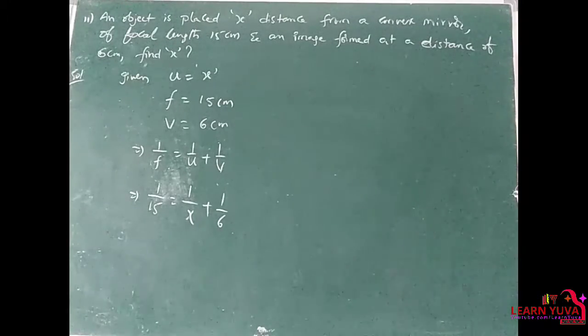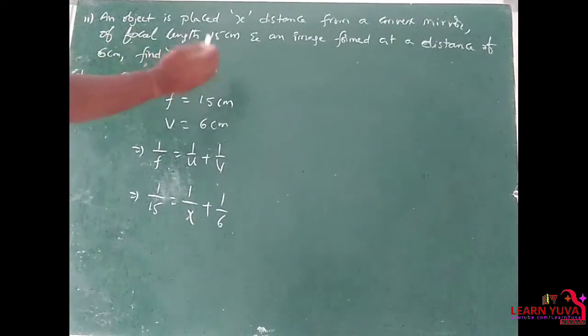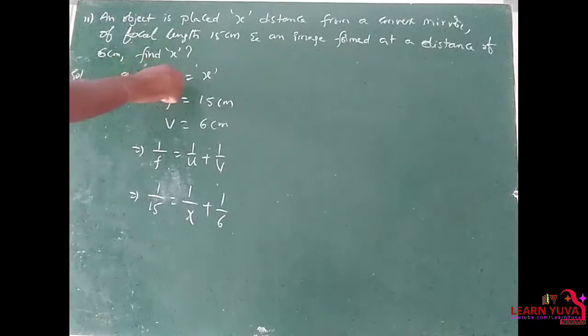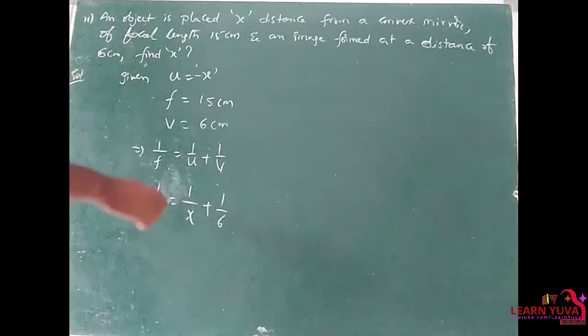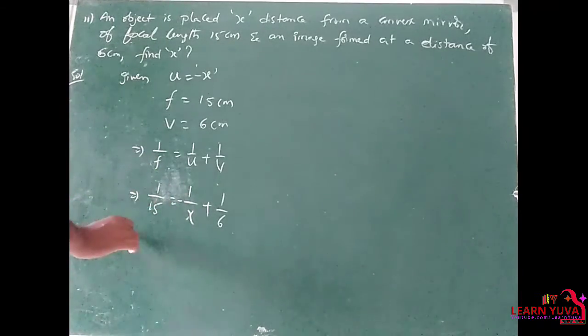But for this convex mirror, since the object is placed in front of the mirror, the object distance is minus x. So 1 by minus x. We need this value.